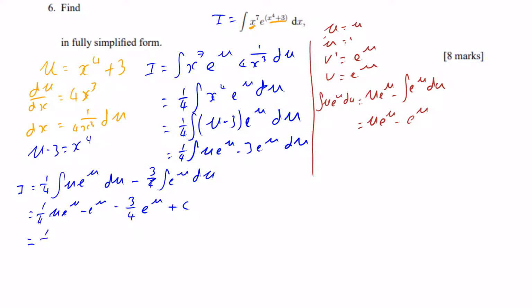If we take a quarter out of everything, u e to the u minus e to the u is u minus 1 lots of e to the u, take away 3 e to the u plus c, which is equal to a quarter of u minus 4 e to the u.